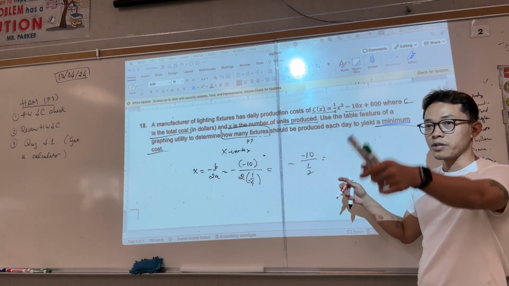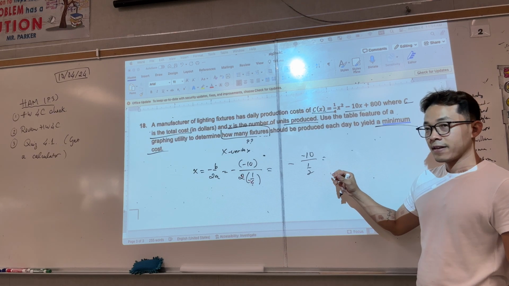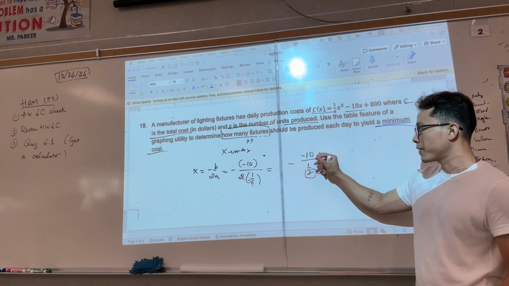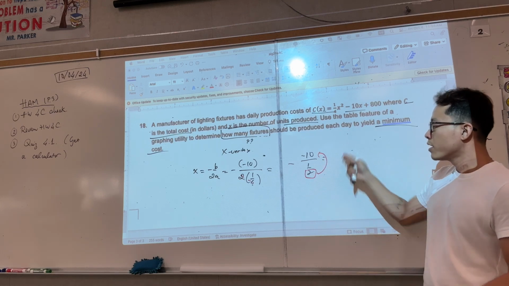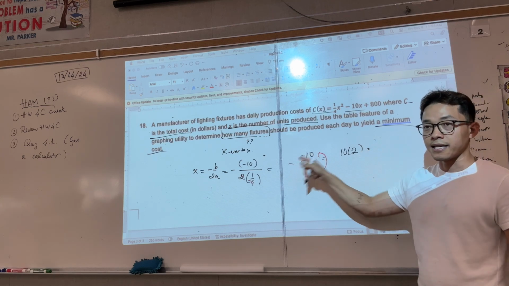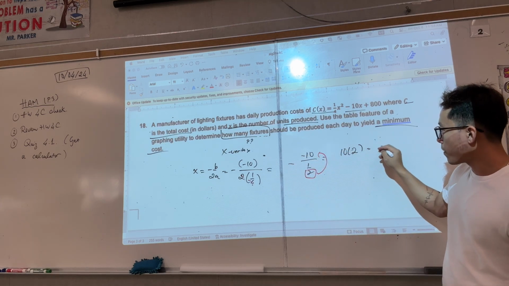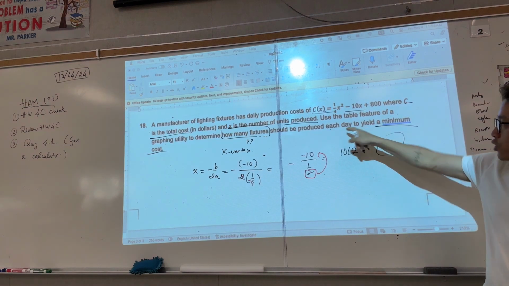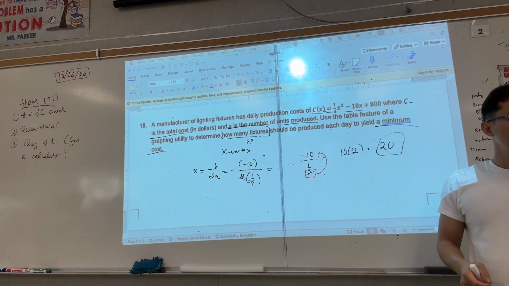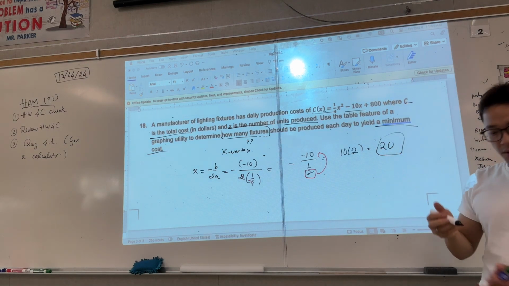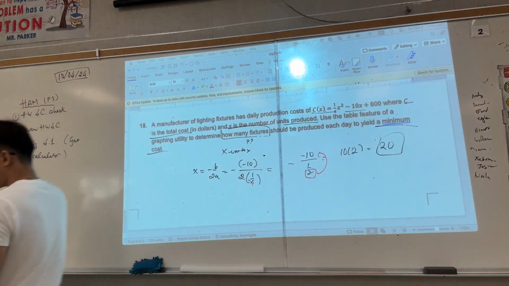Which number are you going to move? Justin? 2, right? This is a fraction, so move the denominator of the fraction. It's currently on the bottom, so move it to the top. So you have 10 times 2. How many negative signs? 2. So it becomes positive, so 20. 20 units need to be produced to give a minimum cost. Does it make sense? How did you get 20? Okay, all right, that's it.